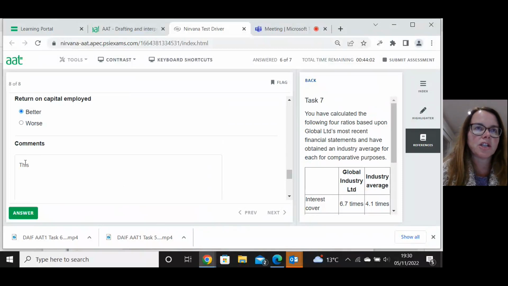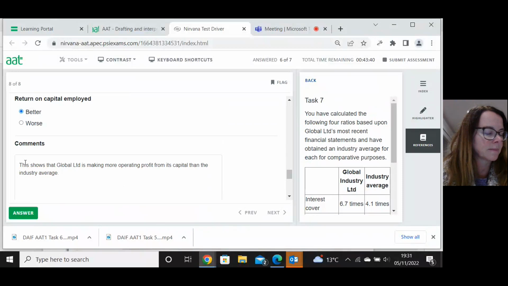So this shows that Global Limited is making more operating profit from its capital than the industry average.